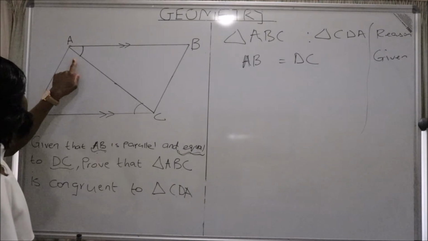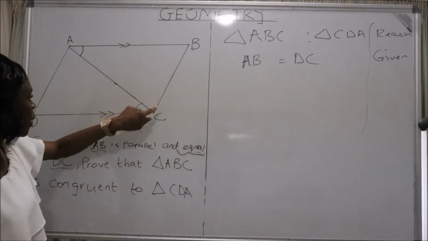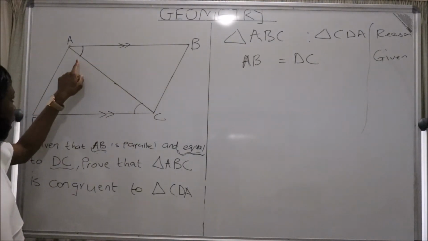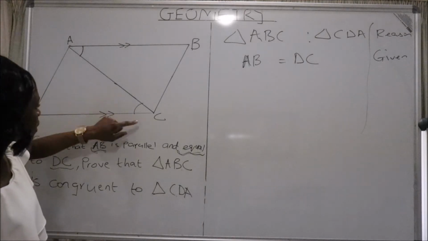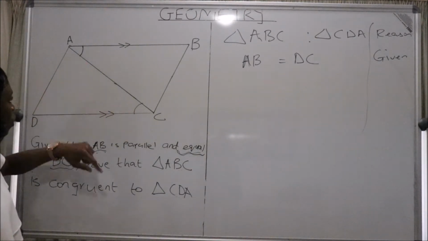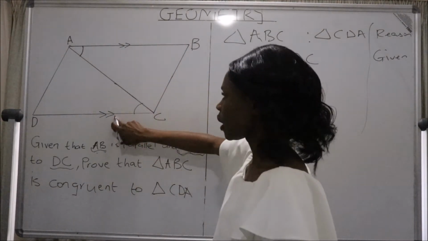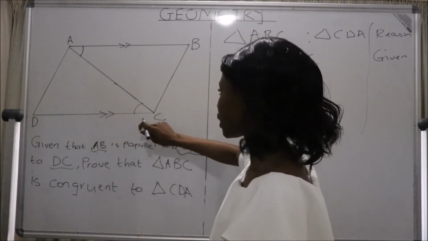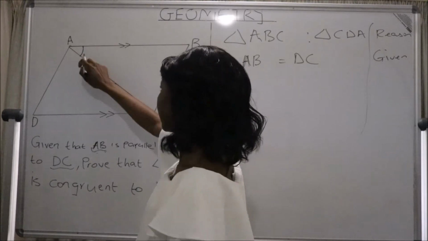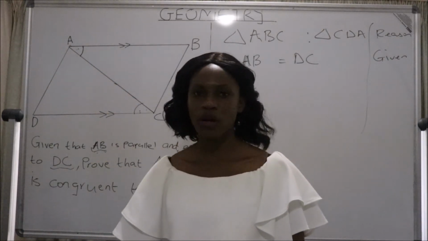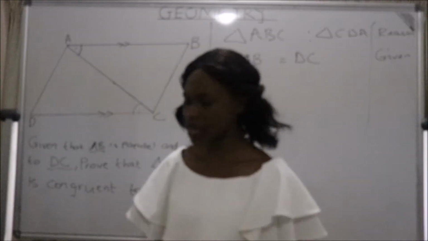So the angle A in triangle ABC and the angle C in triangle CDA should be equal to each other. Reason being, these two lines are parallel to each other. If these two lines are parallel, that means that this angle here and that angle are alternate angles, which makes them the same.